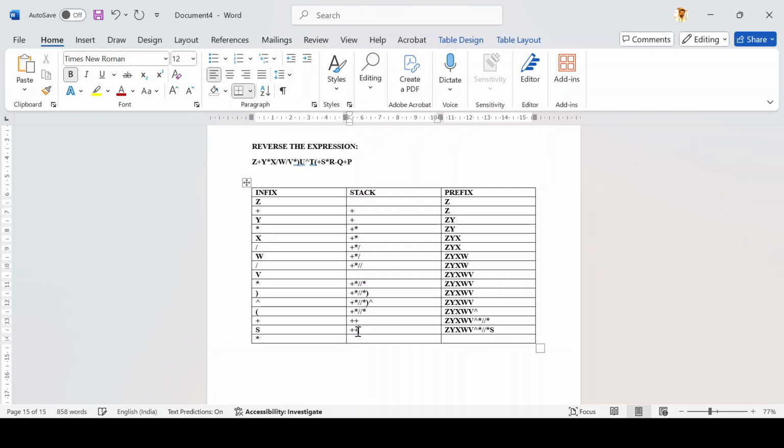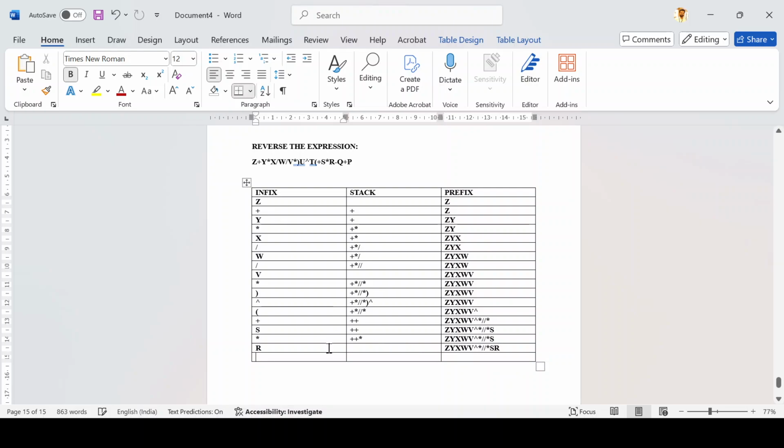The incoming operator has the highest precedence compared to the top of the stack, so we will push it into the stack. So it becomes plus, plus, multiply.